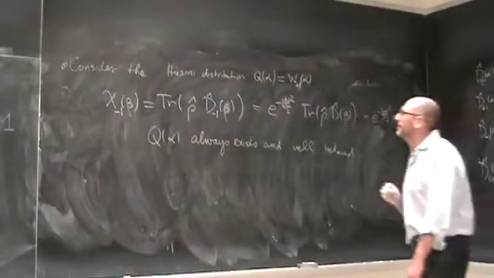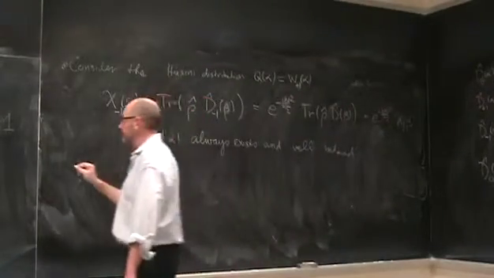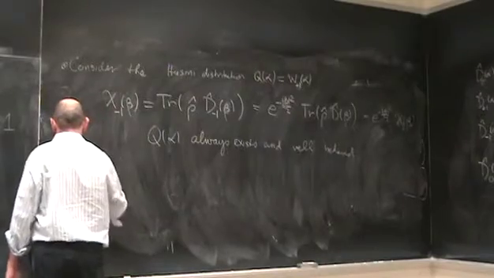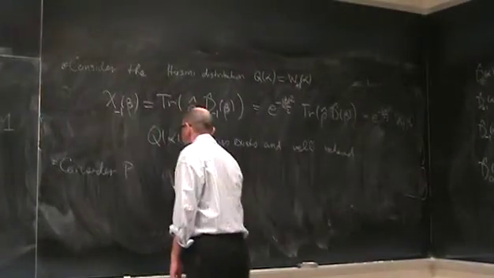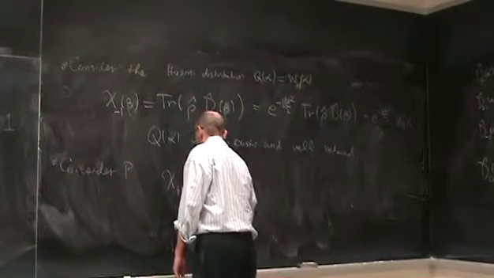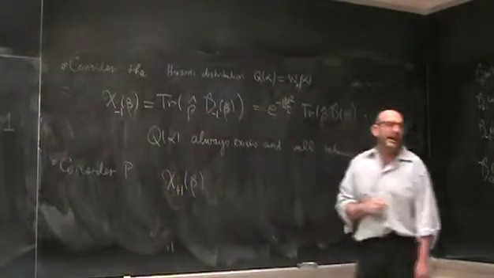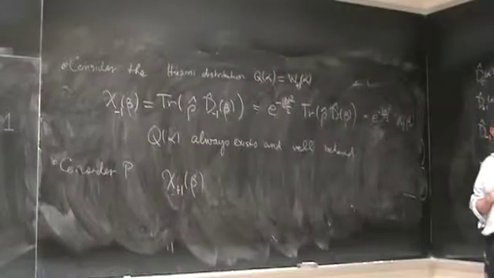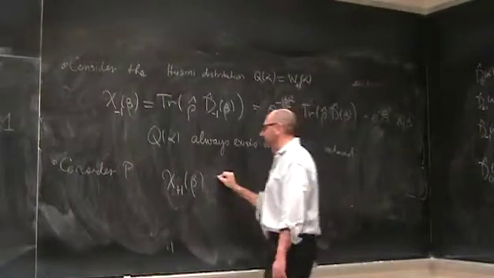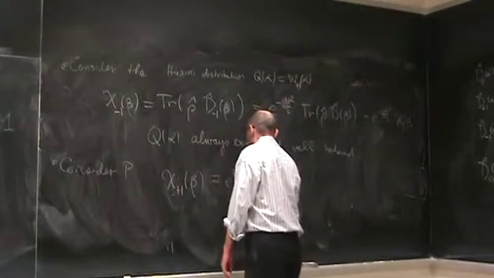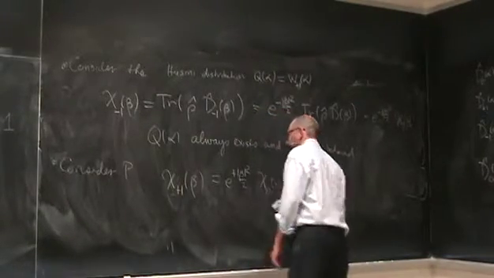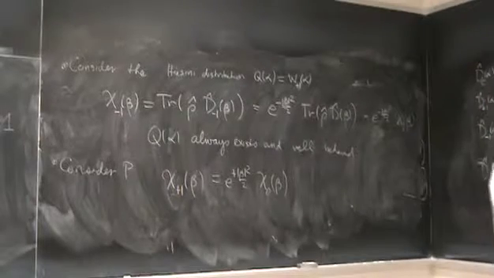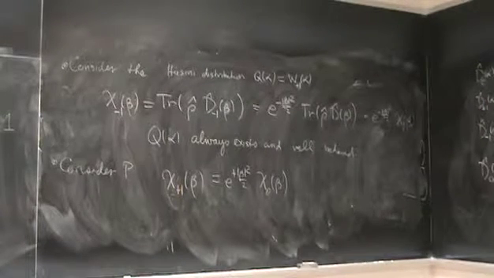However, let's consider the P function. Now we need to worry about this guy. That's its characteristic function, and that is equal to e to the plus beta squared over 2 times the symmetric guy. Now we're in trouble.